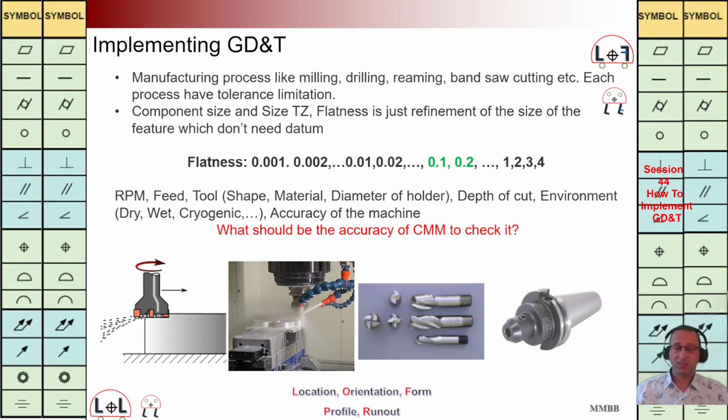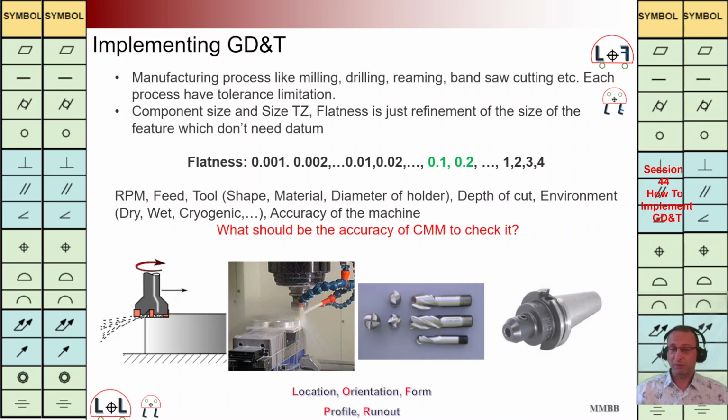The rule of thumb says it should be 2 to 3 times greater than the accuracy of the component. If we have 0.1 for the flatness, we need to divide it by at least 3. In that situation, we can see what the accuracy of that CMM should be. And a CMM is not a cheap machine. We should take care of that.